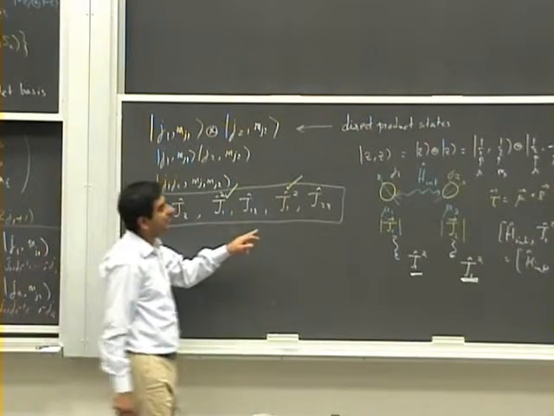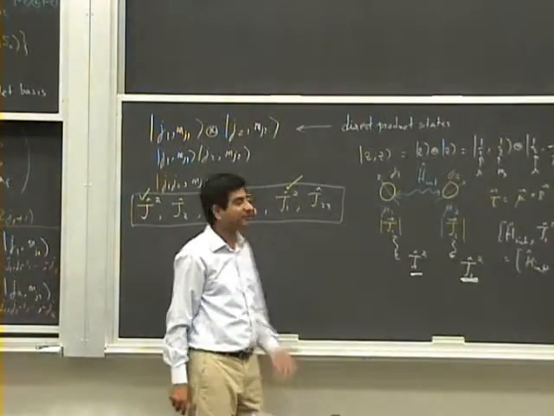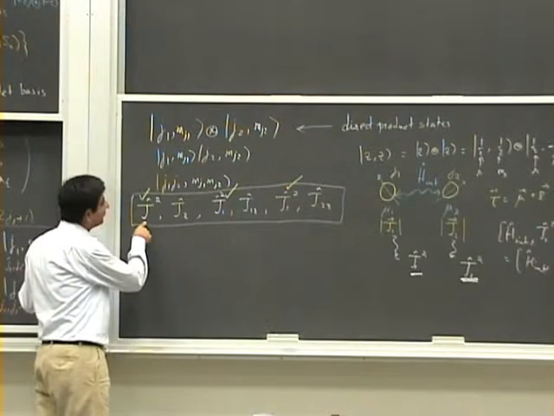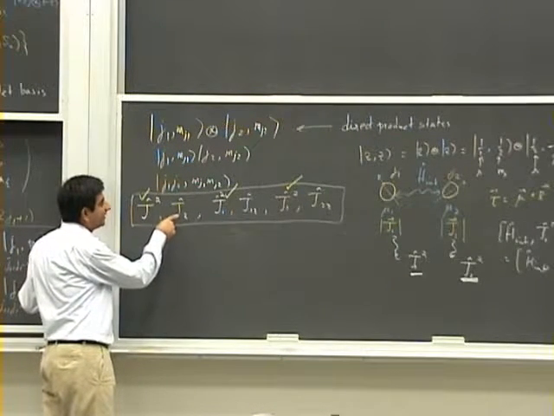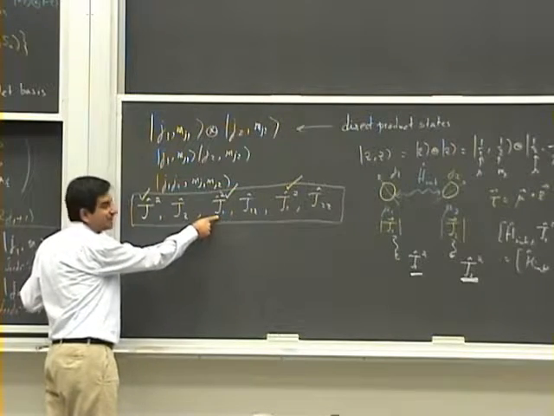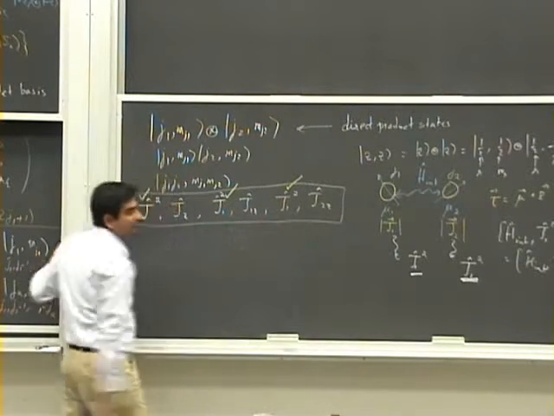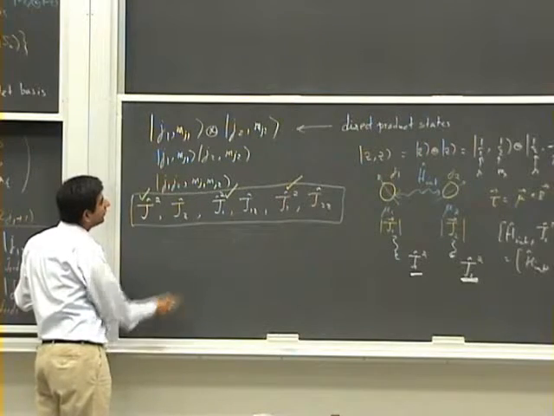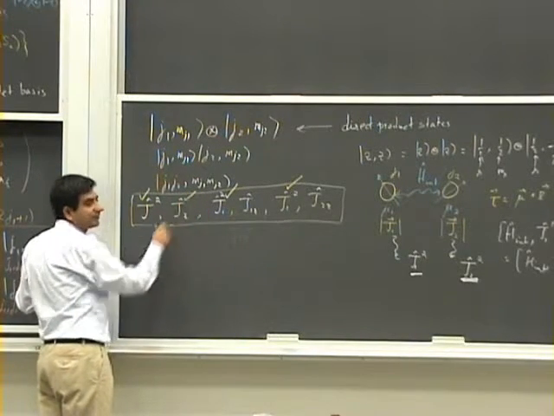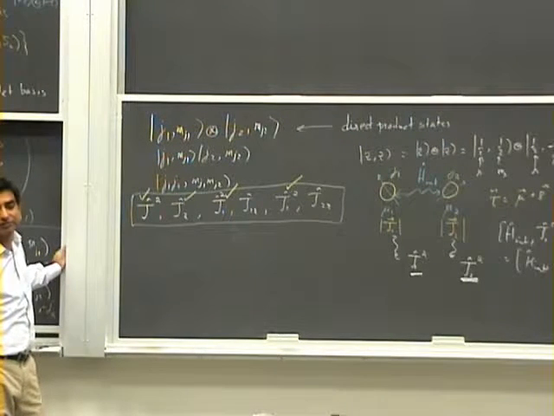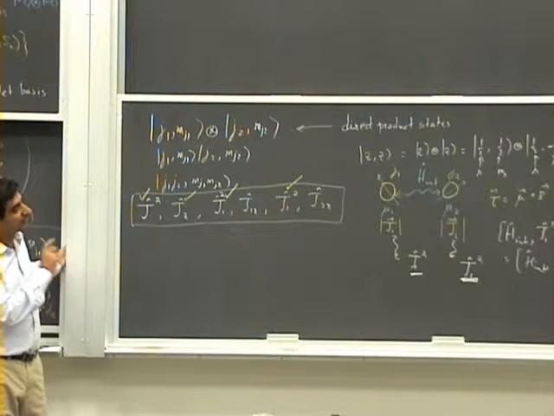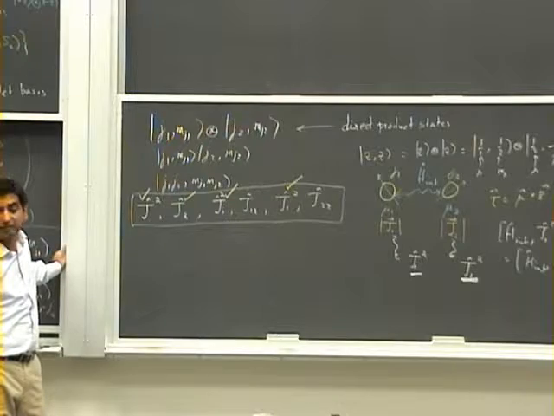The interaction cannot change the Z component either. Why? Because Jz commutes with J squared. And you will notice that Jz also commutes with J1 squared, Jz will also commute with J2 squared. So these four observables commute among themselves, and all of them are constants of motion for this interaction.